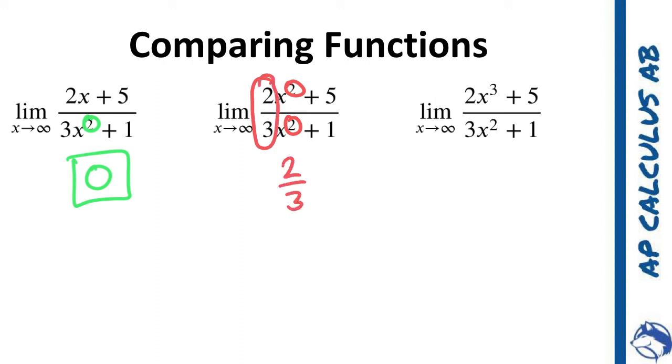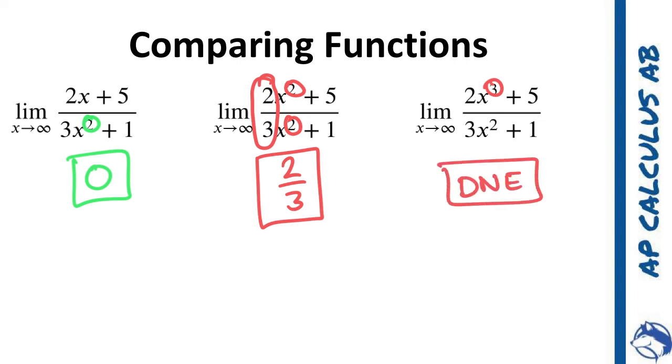So this is 2 over 3. And if I've got one a little bit larger on the top, that's going to be the one that's most influential. Well, if I have infinity on the top, it's just going to go to infinity, and if a limit approaches infinity, it does not exist.